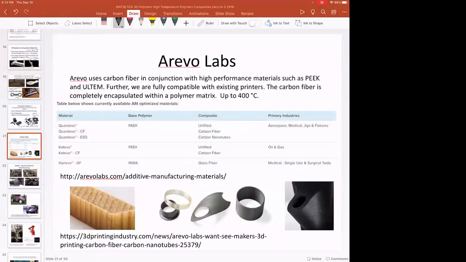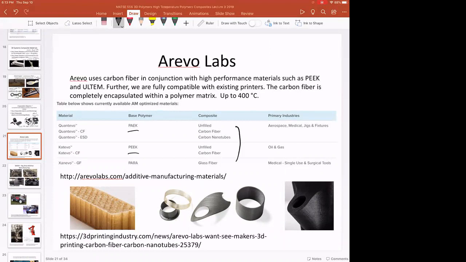Arevo Labs has really worked hard on composites, and so they have a bunch of different polyaryletherketones and PEEKs and some other types of polymers that are integrated with carbon fiber, carbon nanotubes, glass fibers, and they have really nice demonstration parts, so you can check out this company.